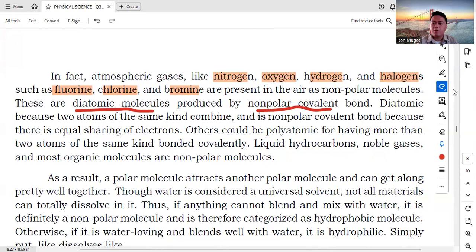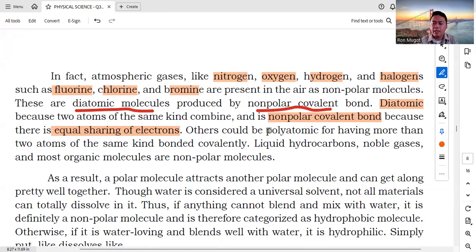Once we say diatomic molecule, it is a molecule composed of two atoms of an element. Two atoms of the same kind combine and form a nonpolar covalent bond because there is equal sharing of electrons.